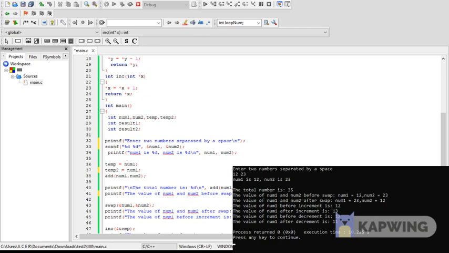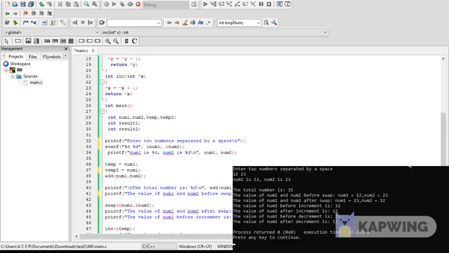So after increment, it will become 13. Before increment is y minus 1, so equal to 12. After the decrement, the value is 12. Meanwhile, the value of number 1 after decrement is 11. So this is only for level 1, for number 1 after the swap.